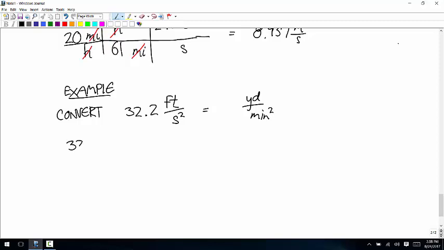Our starting value is 32.2 feet over seconds squared, and I'm going to write that instead as seconds times seconds in the denominator.